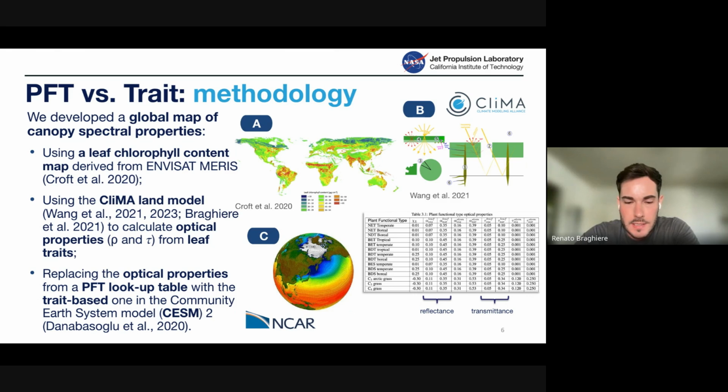Well, the ClimaLand model is the model that we've been developing at Caltech and MIT for the past 5 years or so. It's a model that is written in Julia and has a hyperspectral radiative transfer scheme. And it also has a way to calculate optical properties from biophysical parameters.